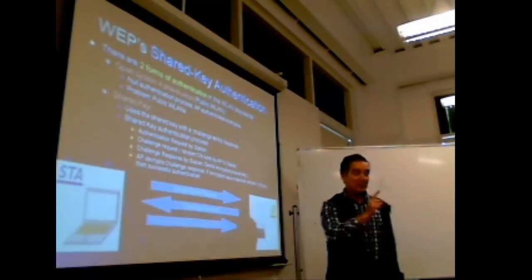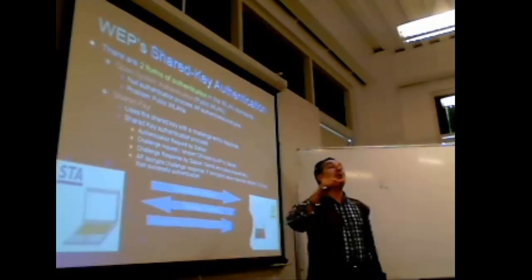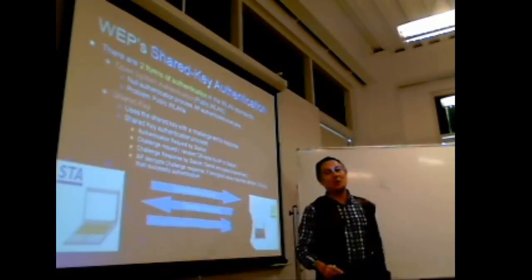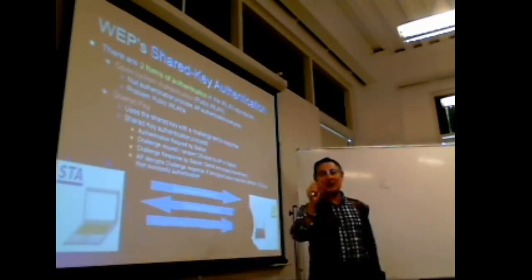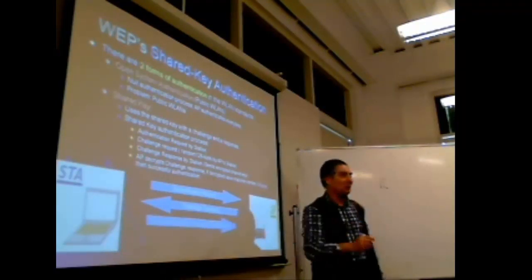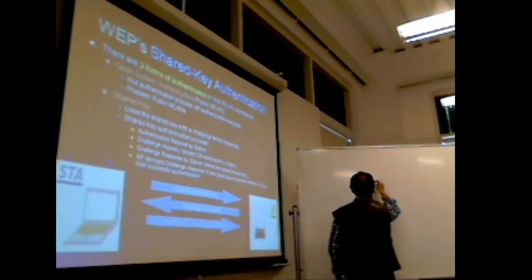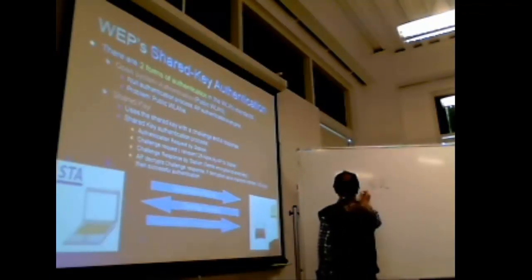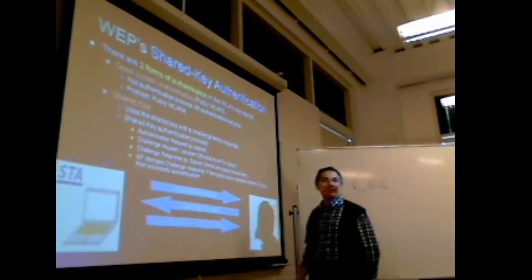RC4. We are using RC4 to generate the key for the encryption. That is XOR. So the actual encryption algorithm that we are using in WEP is exclusive OR. So I'm going to exclusive OR this with the key that is shared between the station and the AP.